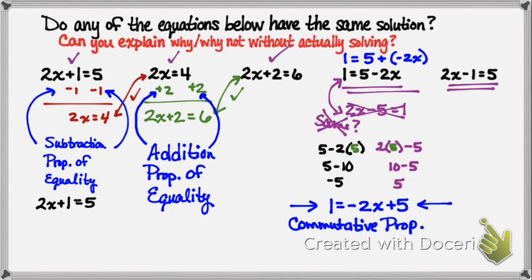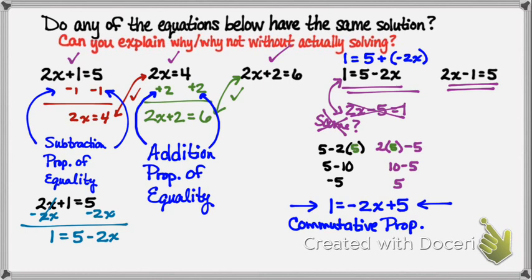Can you think of anything that I might be able to do there? I can subtract 2x from both sides. What would that make it look like then? 1 equals 5 minus 2x. Does that look exactly like the fourth one? Am I allowed to subtract 2x from both sides?